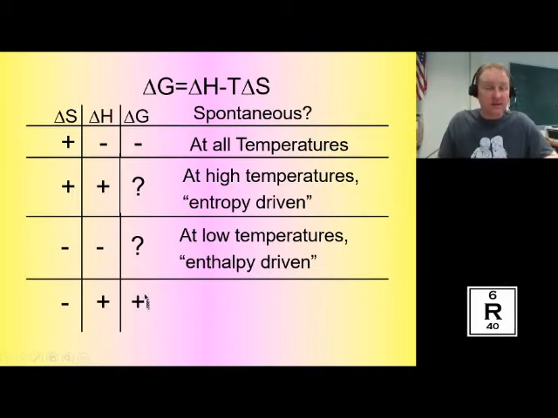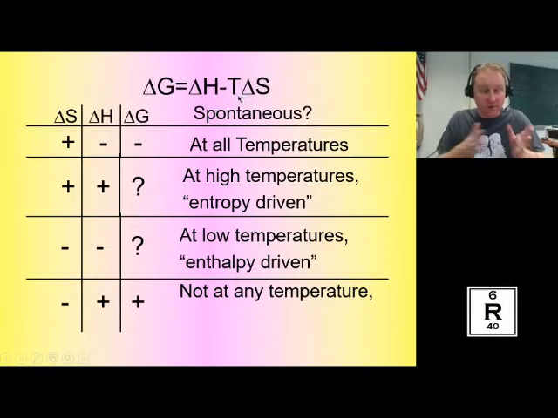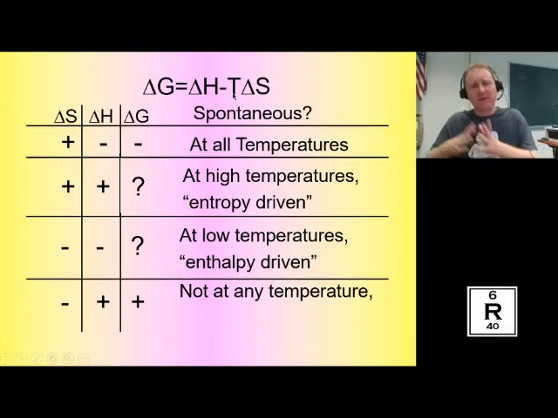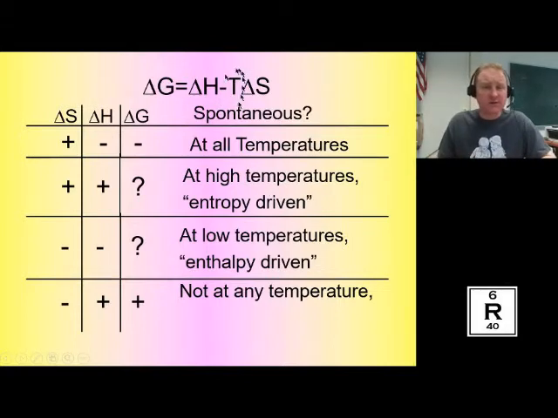It's not spontaneous at any temperature, because we have a positive value for enthalpy, and then we're minusing a negative, so we're adding to it. So we already have a positive value, and then we're going to add more to it. It's already positive, and it's making it more positive in this situation. So it doesn't matter what the temperature is, this is never going to be spontaneous.